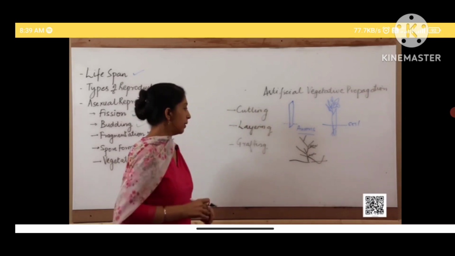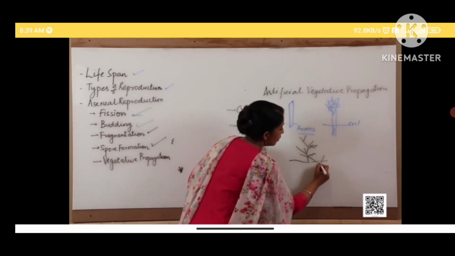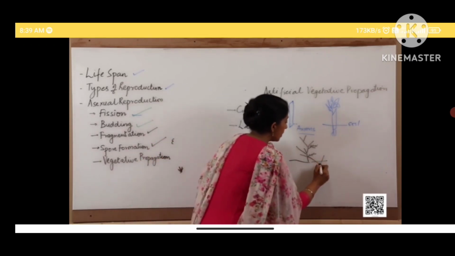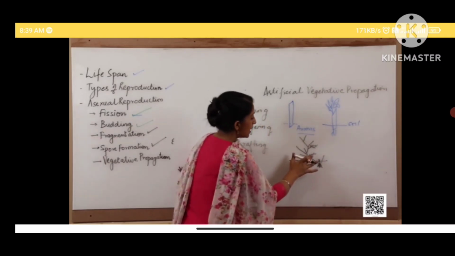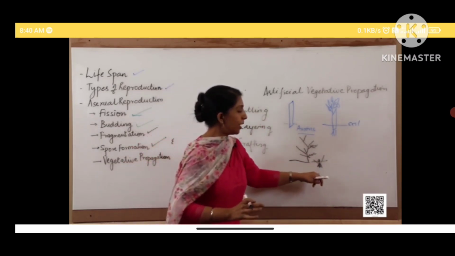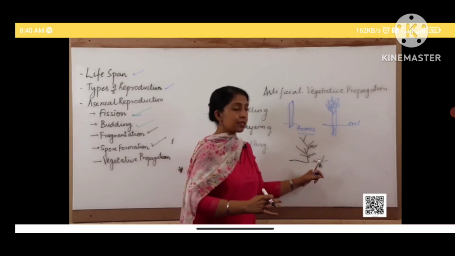After a period of time, it is seen that the roots develop on the lower portion, and here the stem formation takes place. Now, this part of the branch is cut off and a new plant is transplanted or taken to some other place, and it acts as a new individual plant.